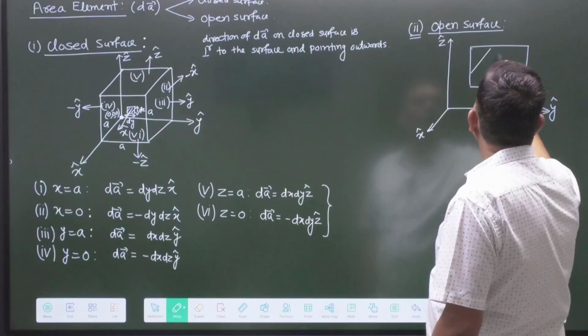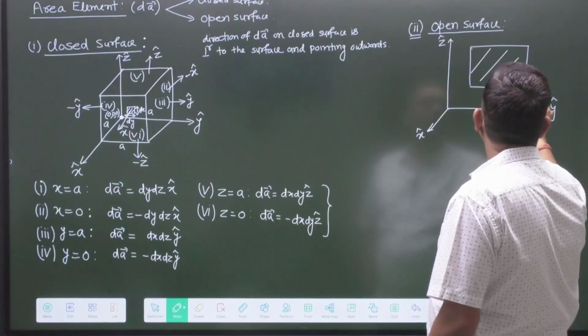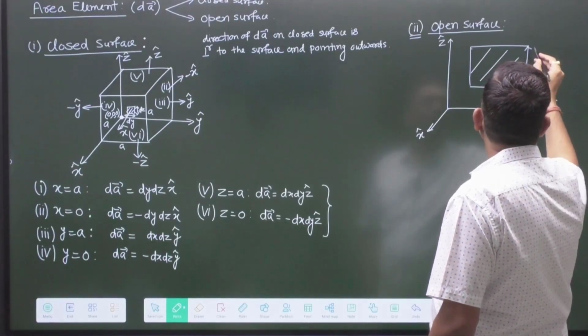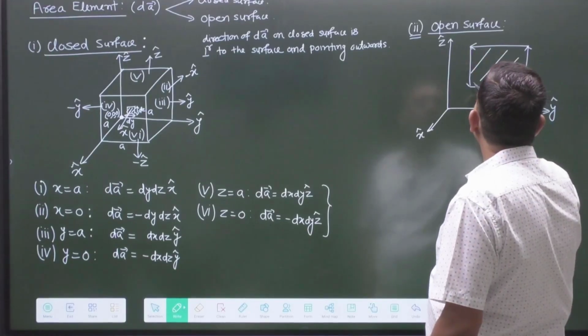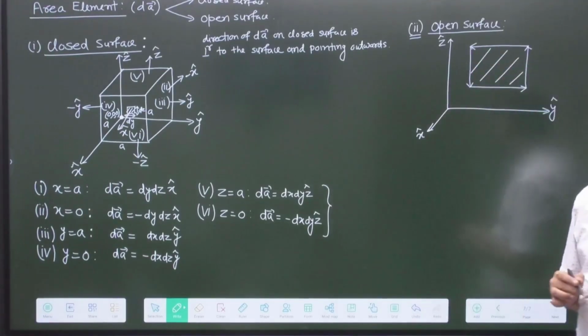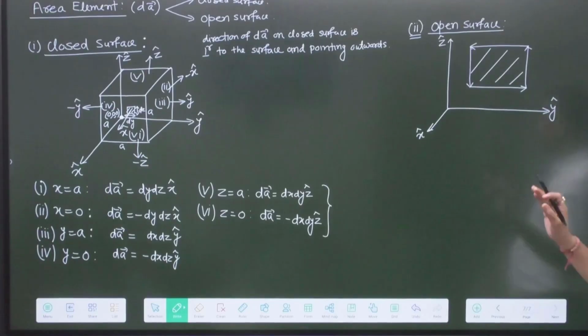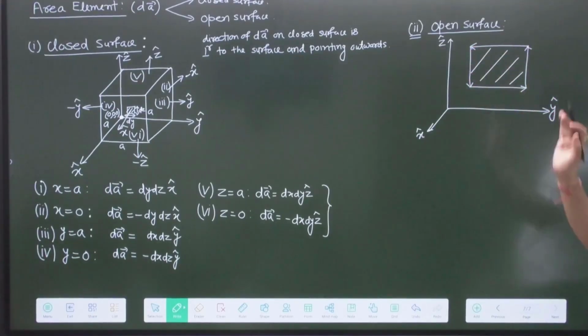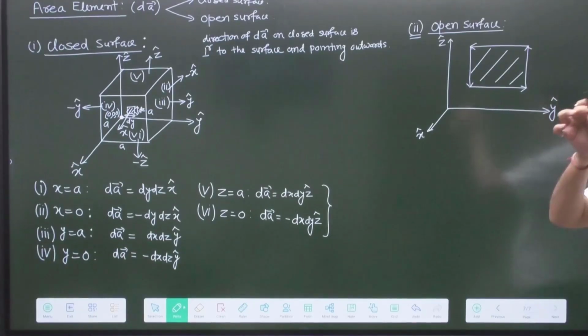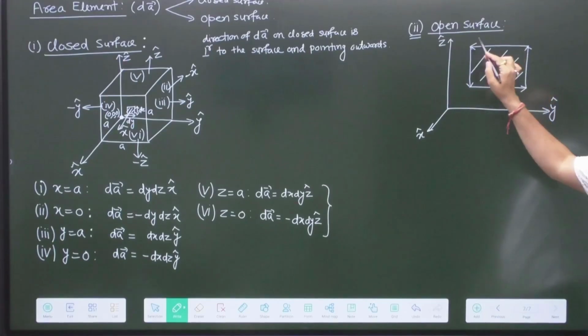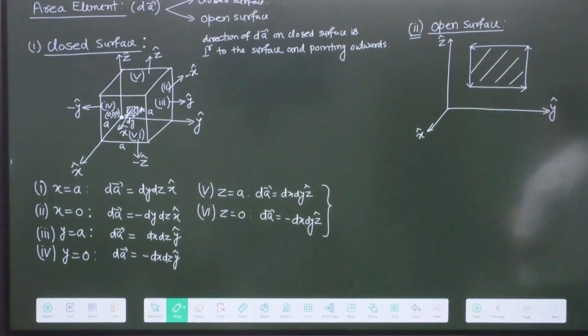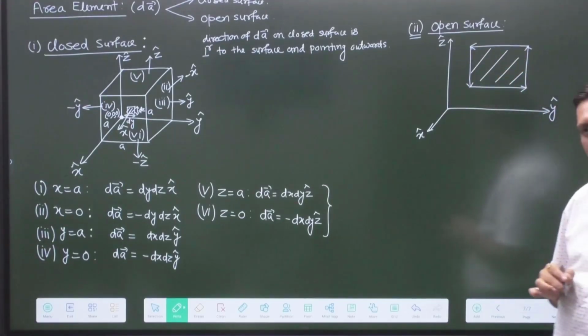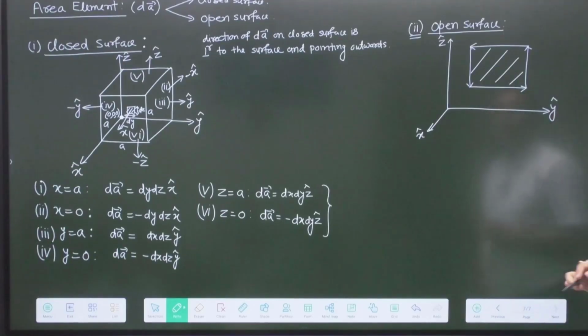This is a rectangular surface, and that is an open surface. And whenever there is an open surface, that will be surrounded by a closed line. Just see, this is surrounded by a closed line. Clear? So how to write the area element on an open surface?